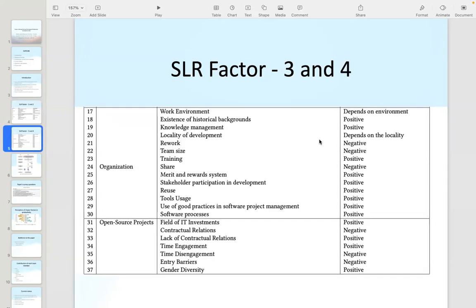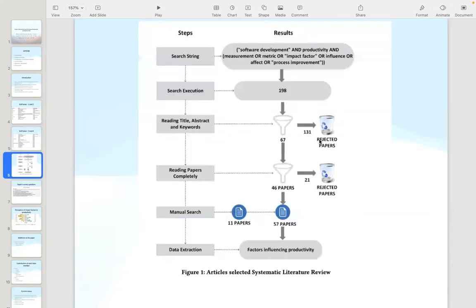So how did the original paper come up with the primary studies is what is explained here. The original paper did a search on keywords like software development with keywords like productivity across various papers. And after the search execution, they got 198 papers. These 198 papers were further filtered, with 67 papers rejected on the basis of titles and keywords, and 46 papers accepted.